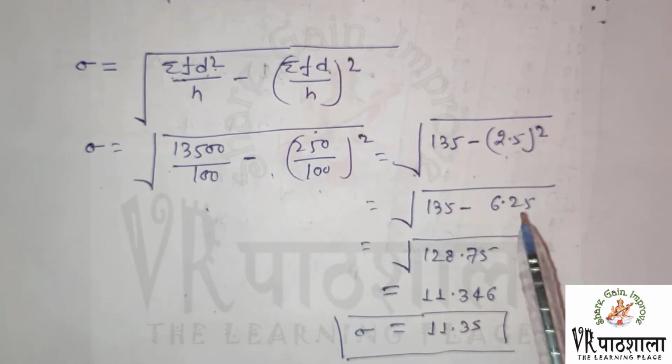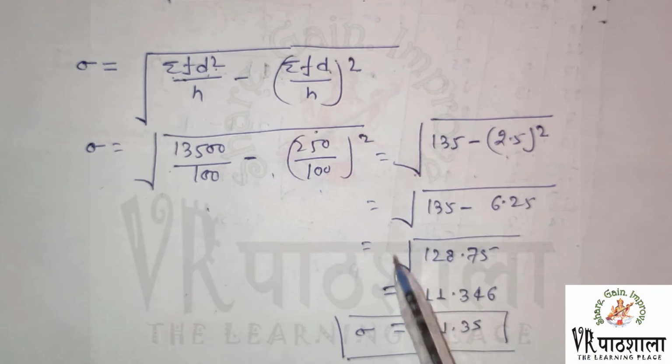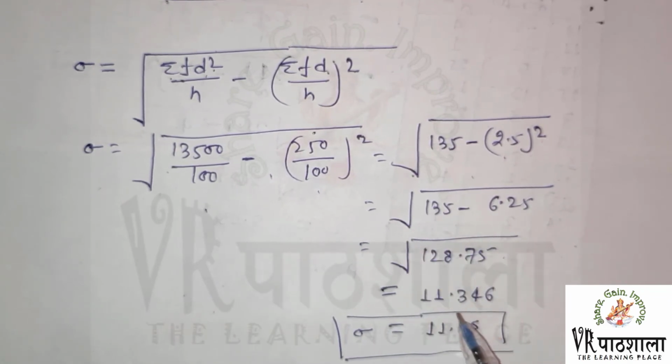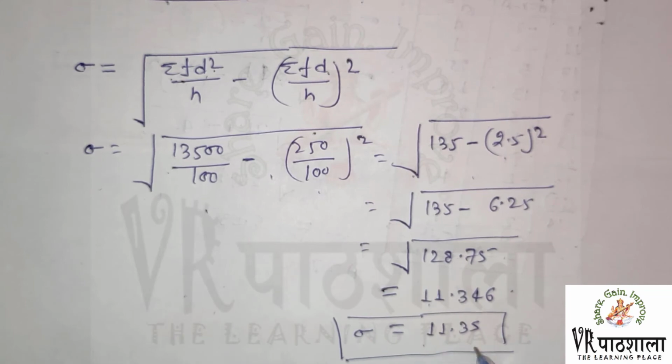The square of 2.5 is 6.25. So the root of 128.75. The square root of this is 11.346. So we have the standard deviation 11.35. Thank you.